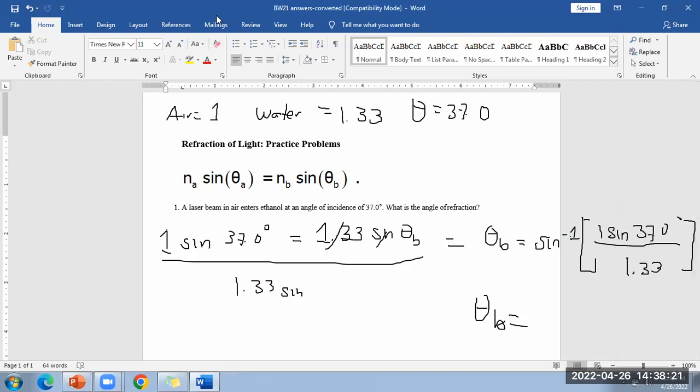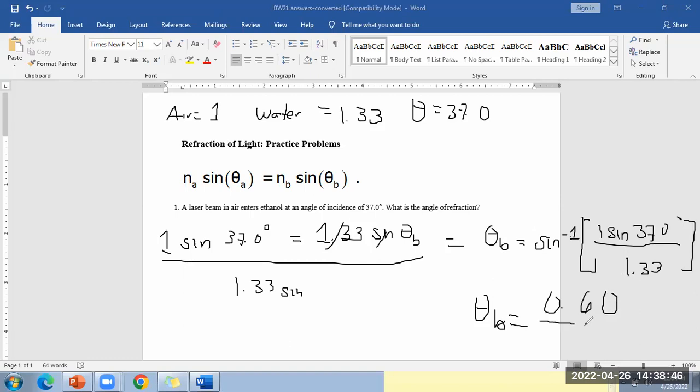Here, 1 times sine 37.0 degrees. Put the degree mode in the calculator. We get 0.6, for example.